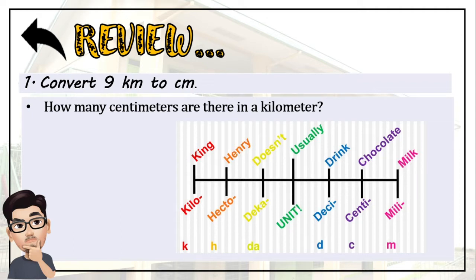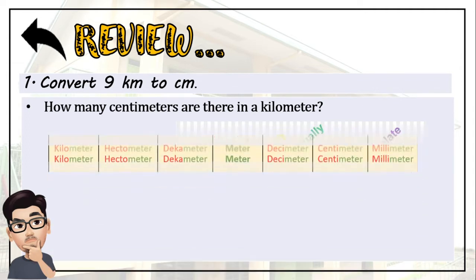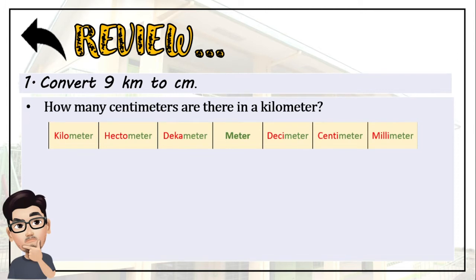In this case, we're going to use meter, and we're going to affix the prefixes kilo, hecto, deca, deci, centi, and milli on the meter unit, and we will have this: the kilometer, hectometer, decameter, meter, decimeter, centimeter, and millimeter.